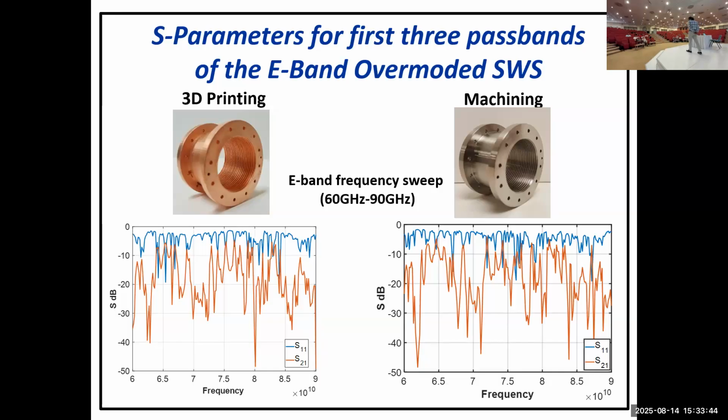Smooth enough. Basically we're talking about maybe 2 millimeter, lambda over 2, right? For simulation we always do lambda over 10. So this is a rough approximation. Lambda over 10 is probably possible for machining, but for 3D printing it's really challenging.